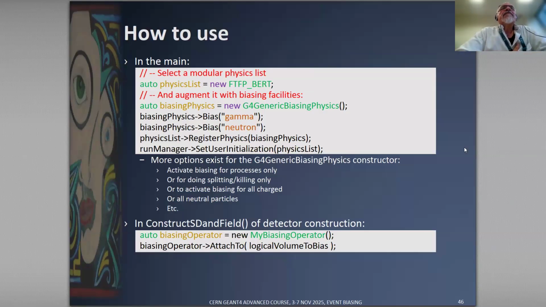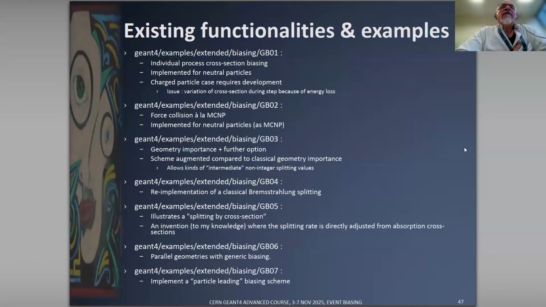So next slide. There are a set of functionalities which are provided as examples. The first one, GB01, as Alberto mentioned, shows a way to bias a cross-section.